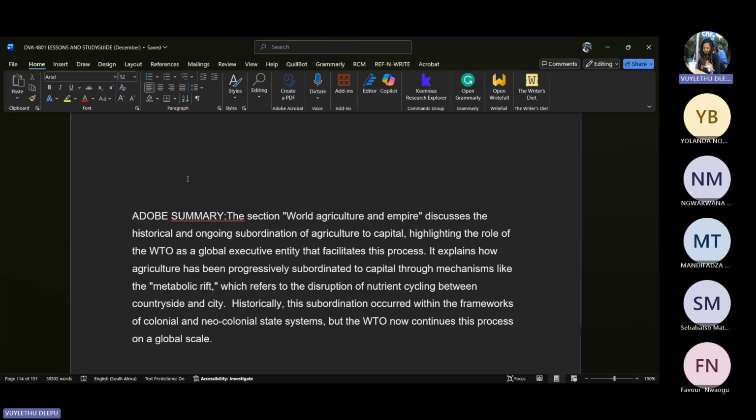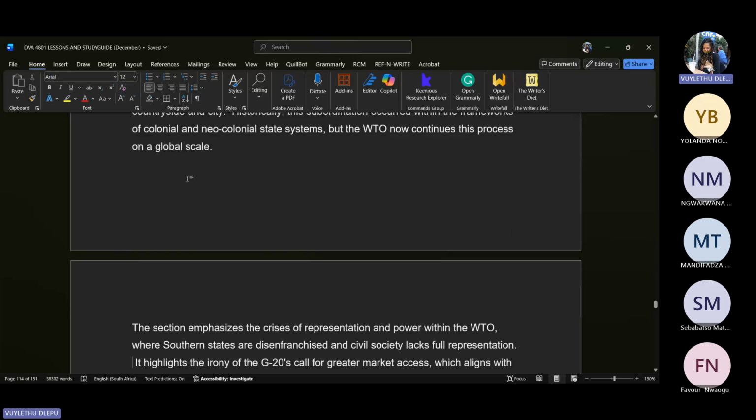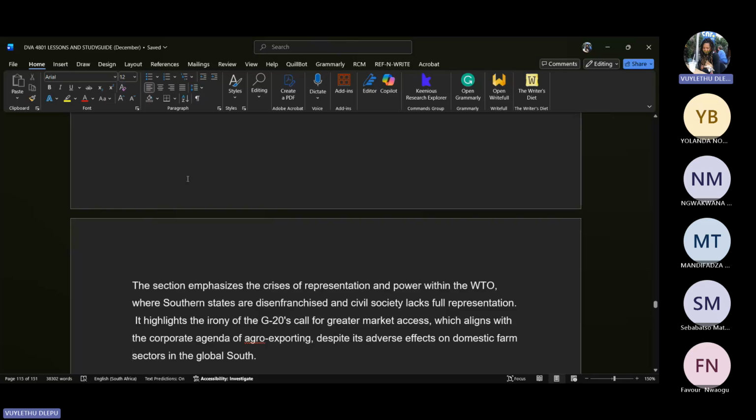Historically, the subordination occurred within the frameworks of colonial and neo-colonial state systems, but the WTO now continues this process on a global scale. This section emphasizes the crisis of representation and power within the WTO, where southern states are disenfranchised and civil society lacks full representation. It highlights the irony.